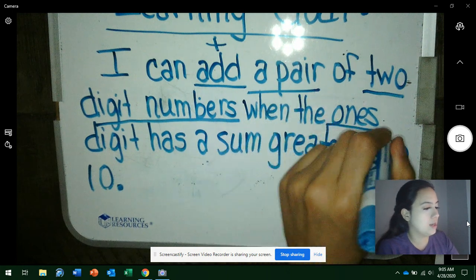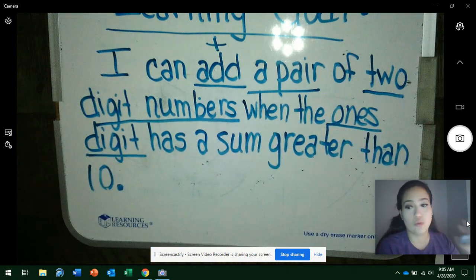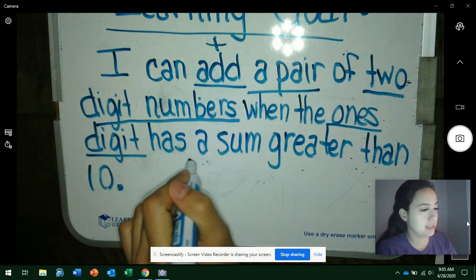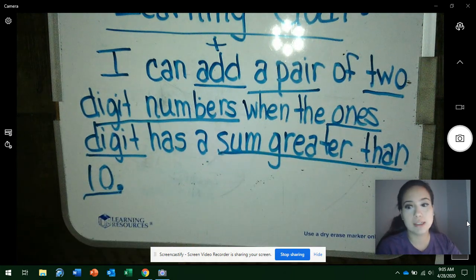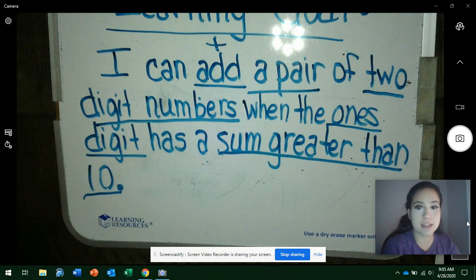When the ones digit, that means the ones place, is going to have a sum greater than 10. So that means that if you add the pair of numbers in the ones place, it's going to have a sum that's more than 10. Sounds a little bit complicated, and you're like, Miss Gomez, what are you talking about? But let's find out, okay?